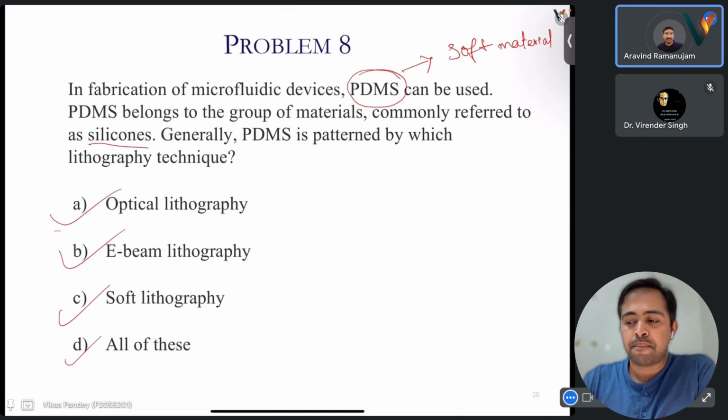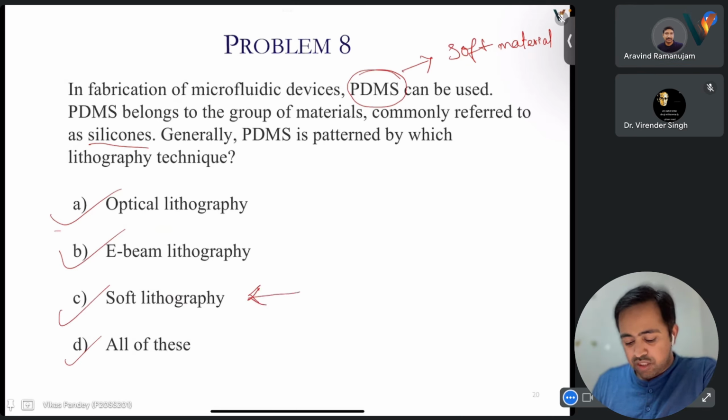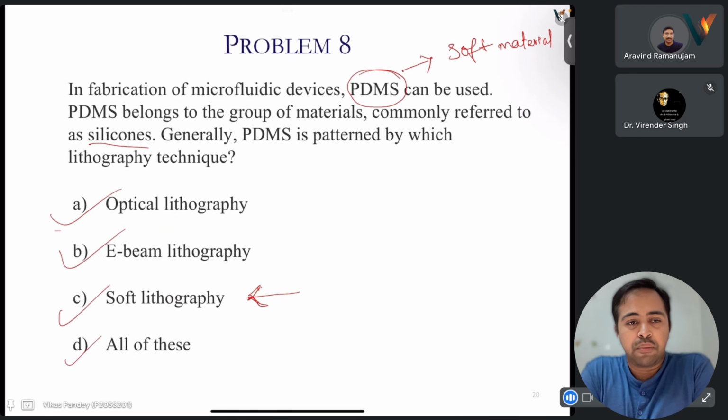Soft lithography. So, what is the difference between soft lithography and optical or e-beam lithography? For hard metals, we should use the above tools, right?